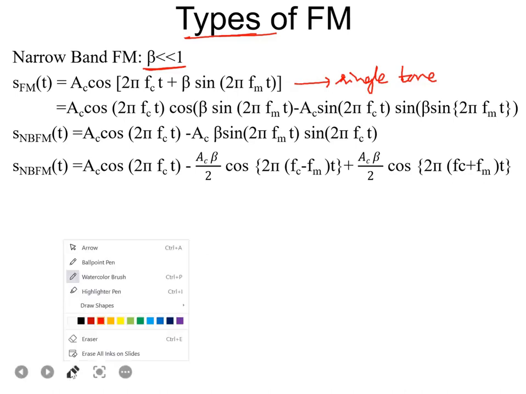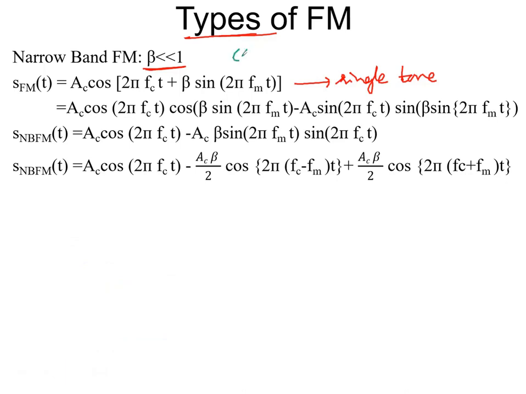All of you know the basic thing, cos of a plus b. From your basic mathematical skills, cos of a plus b is cos a into cos b minus sin a into sin b. The same thing I am doing here, where this is my a and this is my b.